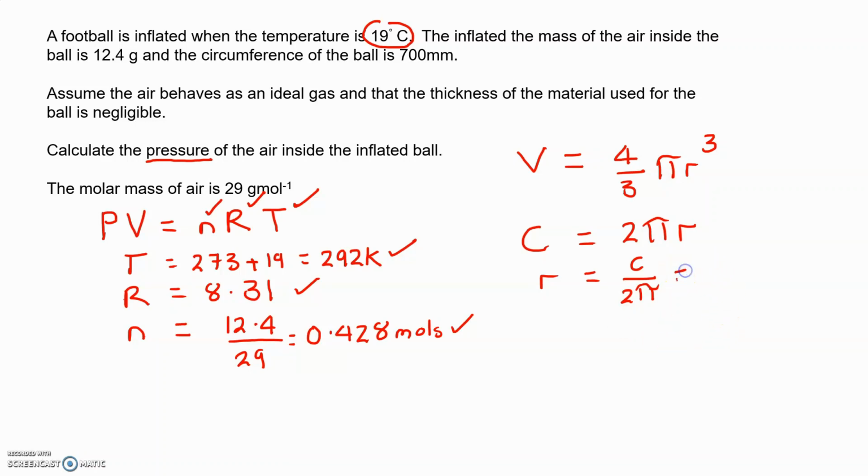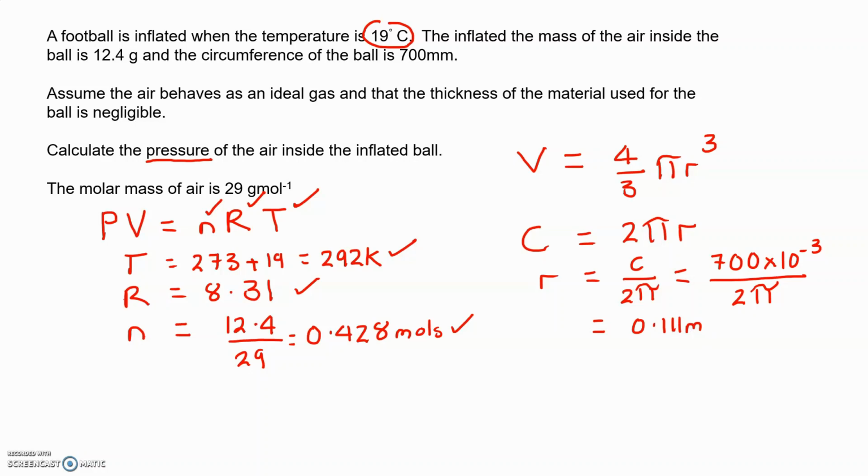So we can now get the radius of the ball. The circumference is given as 700 millimeters, and we've got to change that to meters. So that will be 700 times 10 to minus 3 divided by 2 pi. That will give a radius of 0.111 meters.